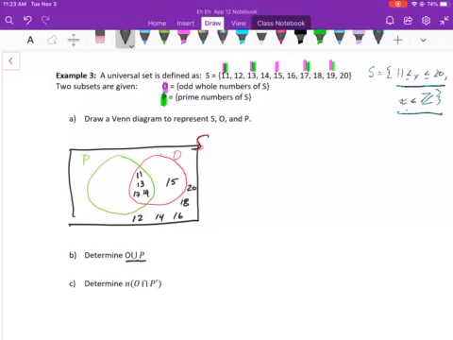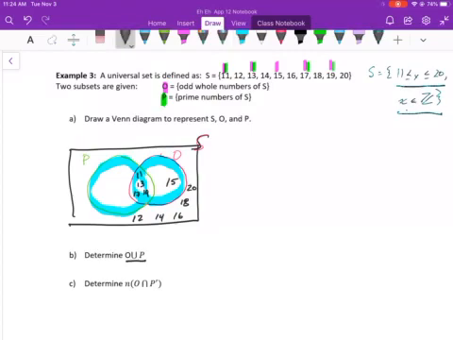So now we are going to determine those numbers that are odd or prime. So here, these are the ones that are odd. And let's include those numbers that are also prime, which adds no new numbers at all.